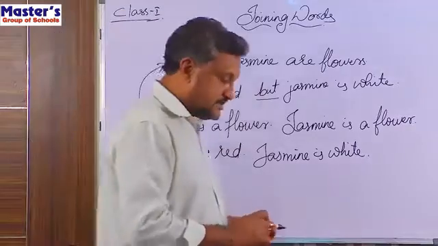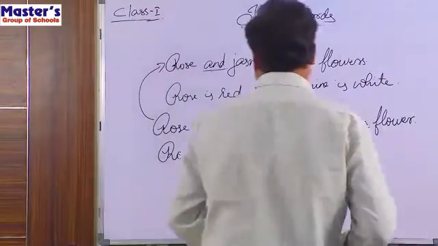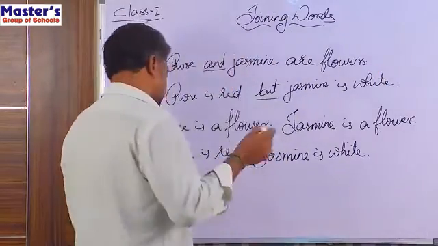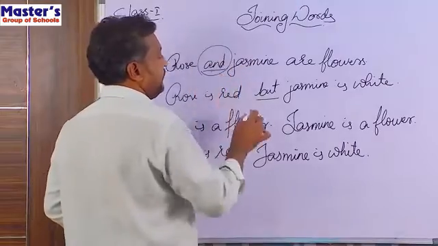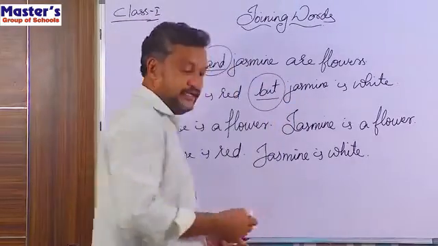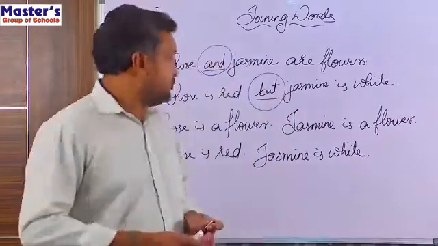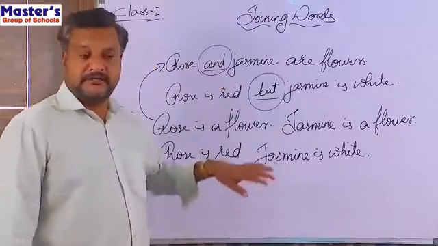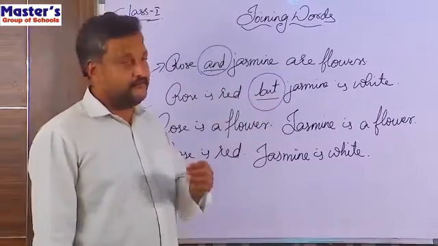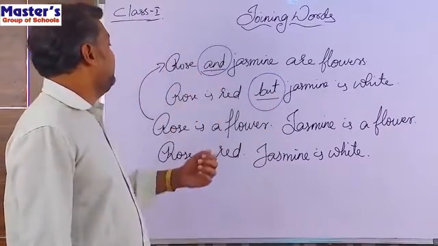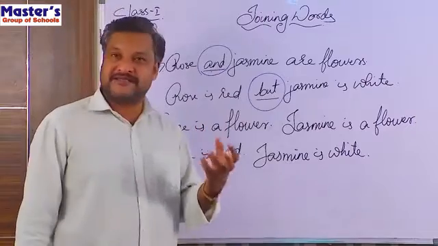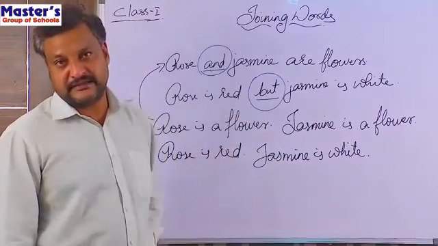Right. So, in these sentences, we can say and is a joining word, but also is a joining word. We use and when we have sentences which have got the same content or meaning inside it.